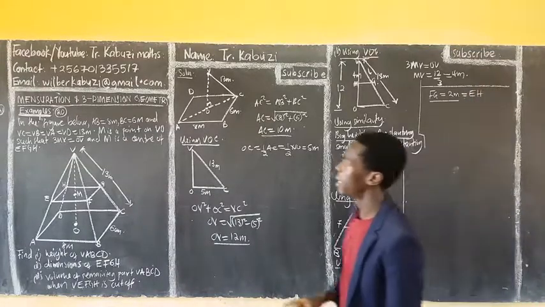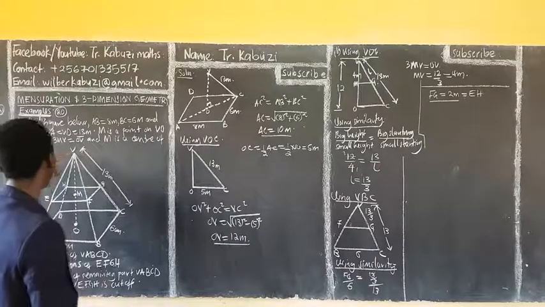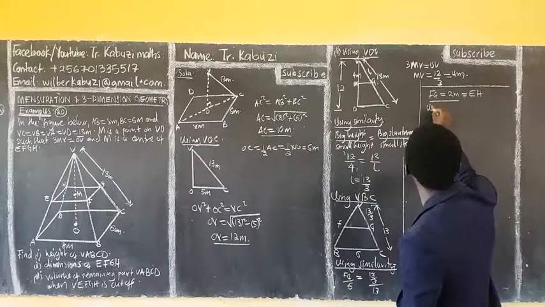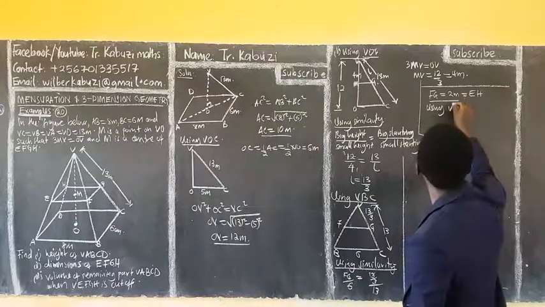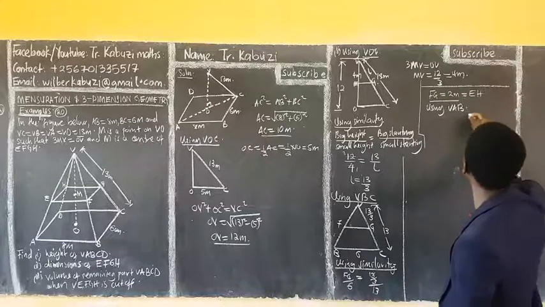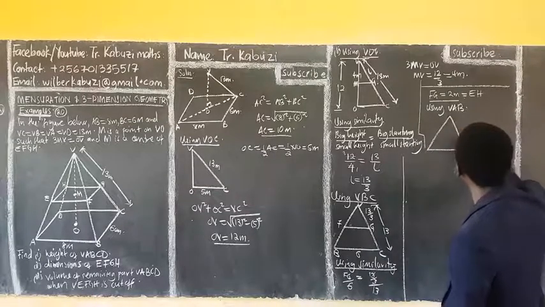Now missing EH, so I'm going to use similarity. Triangle VAB. Now that triangle VAB, I'm going to have it here.